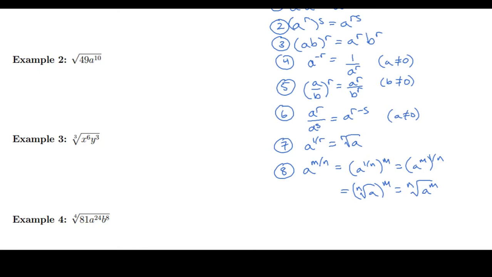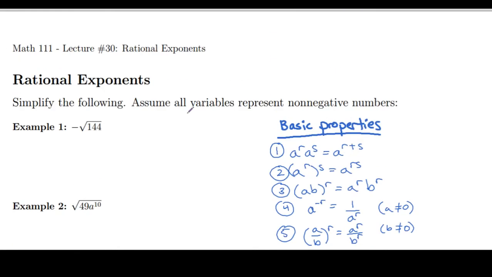So let's begin with some simplifications. Now, if we want to take a square root, then what we want to do is find a number whose square is the number under here. So this is a normal square root. We're going to have a negative in front, but this is negative. And then can you think of a number whose square is 144? Well, that would be 12, right?